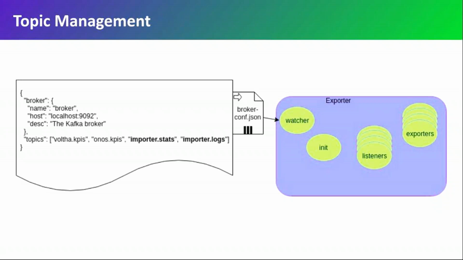If I do it as a separate process for each topic, then if I want more listeners for VOLTHA KPIs, I can just spin up more of these containers or processes. If it's a thread, then you're talking about a single process with configuration tweaking, which might take a restart. So there's very different management depending on whether you do it per process or per thread. Okay, so do you mean we should have separate processes?